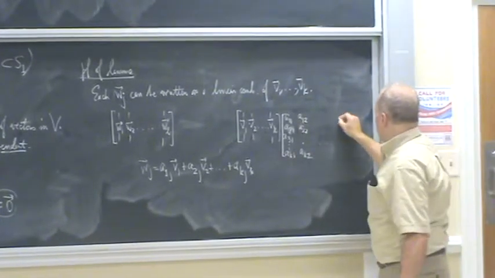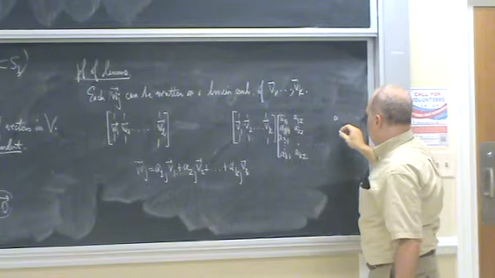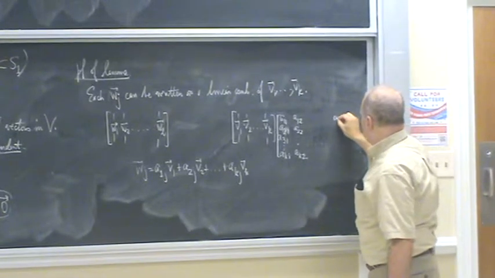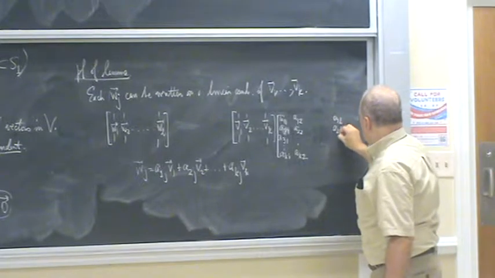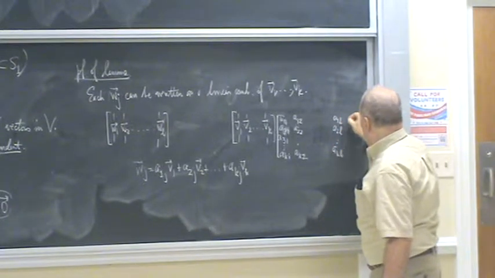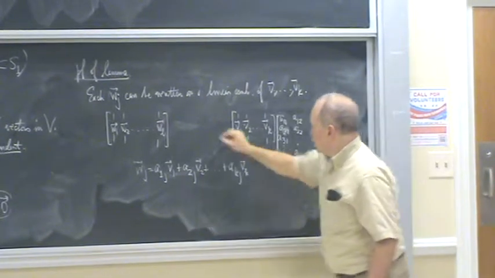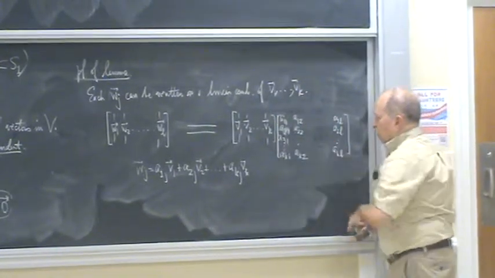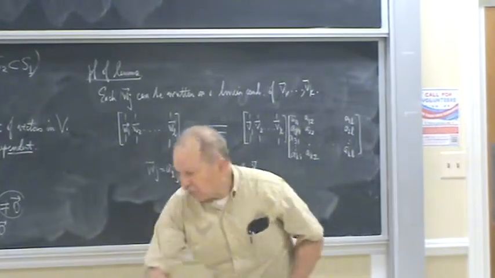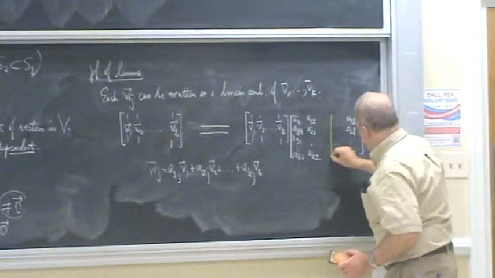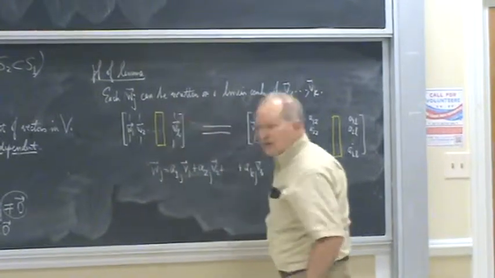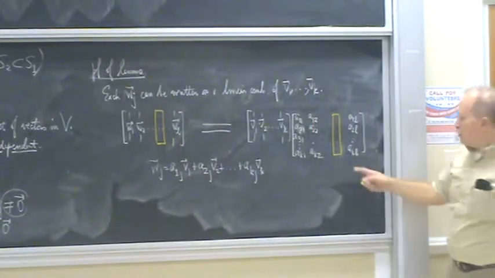So you end up with a matrix of numbers, entries 1L, 2L, up to KL, and the coefficients in the jth column are exactly telling you how to get the jth vector W as a linear combination of the V's.